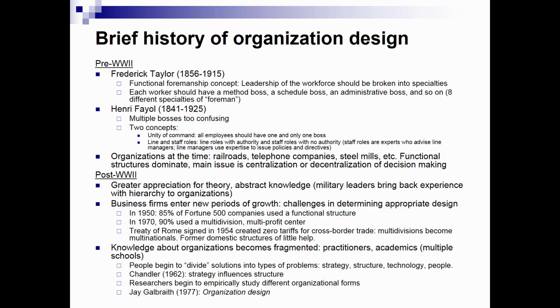But think back to the organizational structures at the time. We're talking again here, 1850s to 1900s, 1920s. They're going to be railroads, telephone companies, steel mills, etc. Most organizations are built in a very functional structure way, and in fact, many companies at the time had maybe a president, a finance person, and some workers.